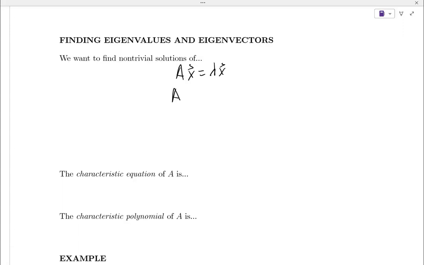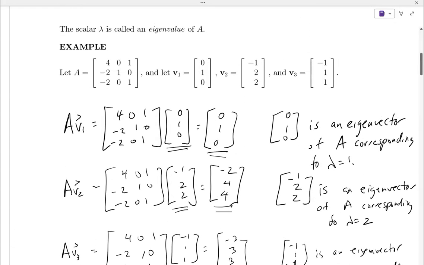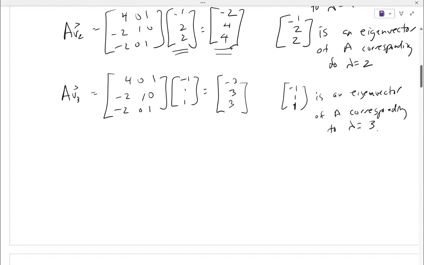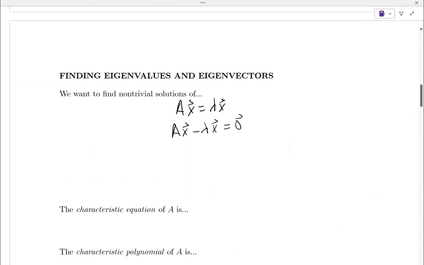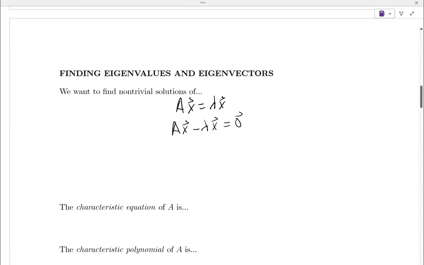So just like what you would do back in algebra class, let's gather our x's to one side. I'd love to be able to factor off the x. The problem here is this is a matrix and that's a scalar, right?